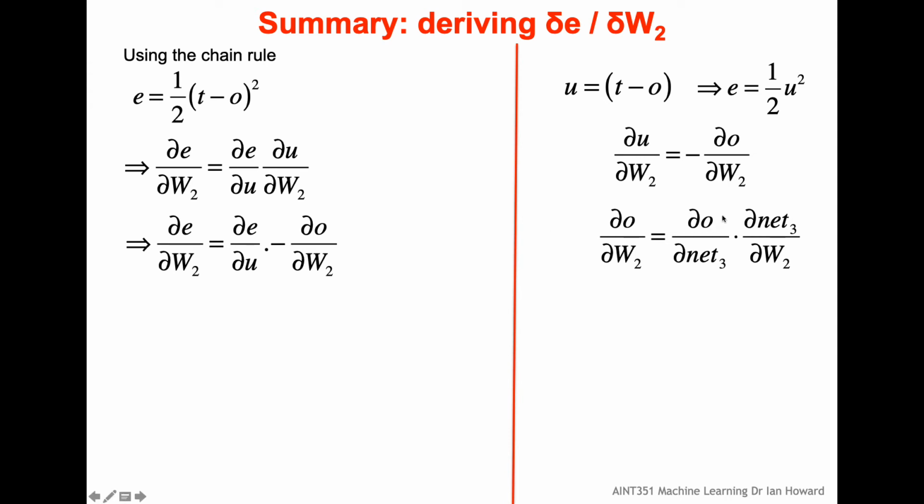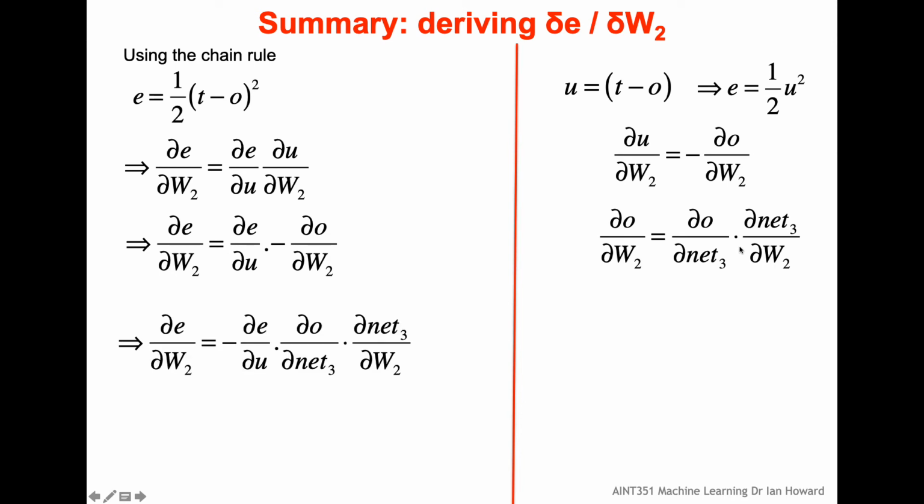So we can break it up in terms of an intermediate variable, which represents the linear stage between input and output. So let's expand that dO/dW2 term in this way using the chain rule, and we can write it down here like that.